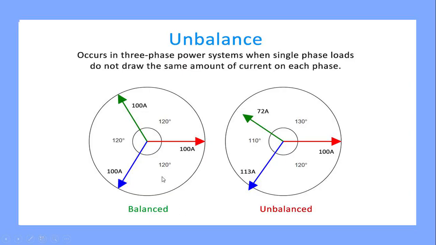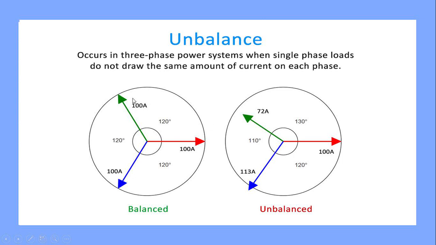This is the picture which shows the unbalance in the system, and these are the vectors. Due to unbalancing, the current is also not equal. In a balanced system, all the angles are 120 degrees apart, but in an unbalanced system all the angles are different: 120, 130 and 110.